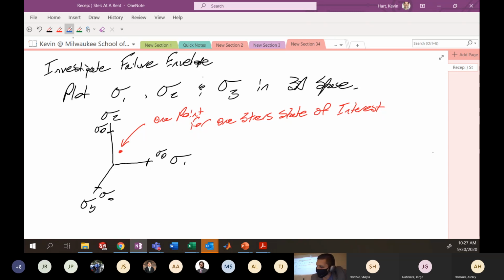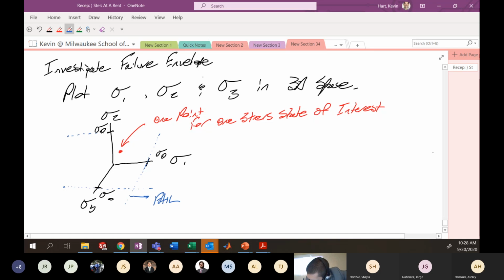What I mean by that is, if this sigma 1 ever exceeds sigma 0, I will fail. So I can make myself a line on this three-dimensional space that says if sigma 1 ever goes beyond this line, I fail, regardless of what's happening with sigma 2 and sigma 3, okay? Same idea with sigma 3. I can create this line here. Same idea with sigma 2.